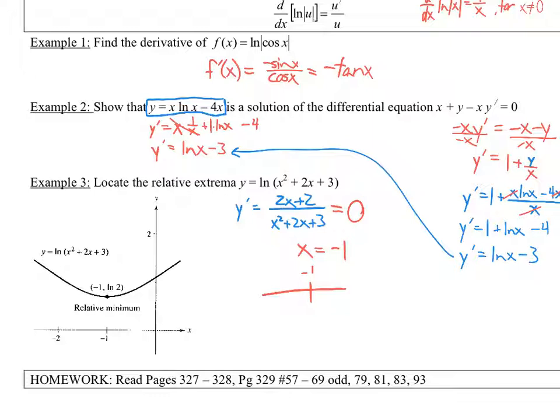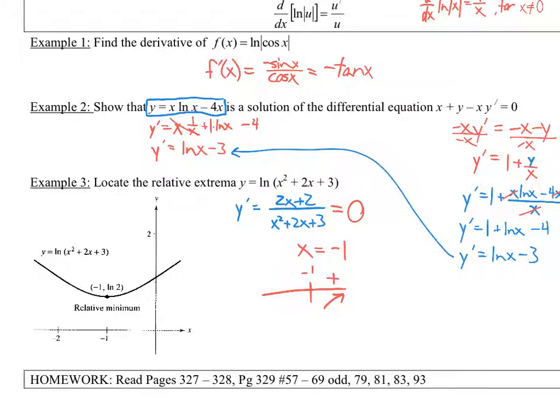So I know that at 0 over here, it's positive, which means my function is increasing. To the left, if I plug in a negative 2, the numerator would be negative 4 plus 2, so that'd be negative. The denominator would be 4 minus 4 plus 3, which is positive.